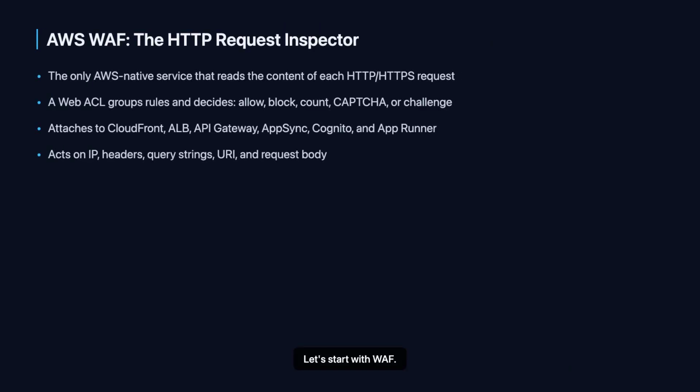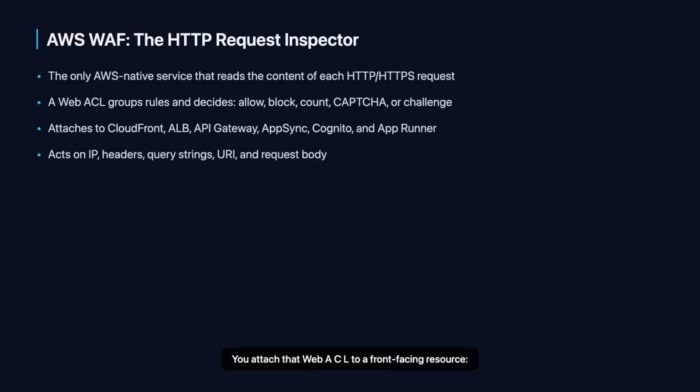Let's start with WAF. This is the only Amazon Web Services service that actually reads the content of each HTTP request. It's the request inspector. You configure it with a Web ACL, which groups your rules together and decides what happens to each request. Allow it, block it, just count it, or throw up a CAPTCHA or a challenge.